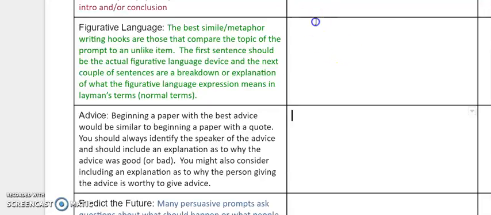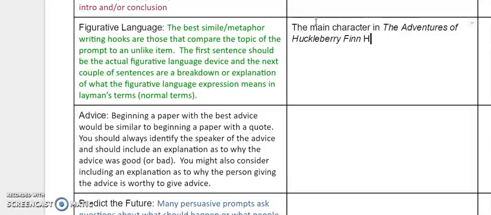So I could compare Huck Finn and say, Huck Finn, or I would maybe have to say the main character in, and I'm italicizing the title of the book, The Adventures of Huckleberry Finn, Huck Finn is a fox.